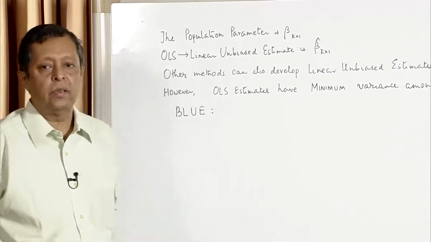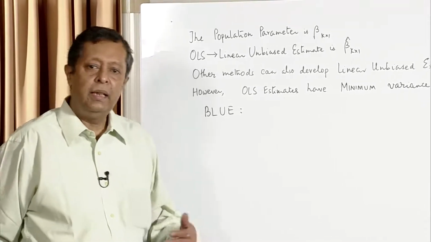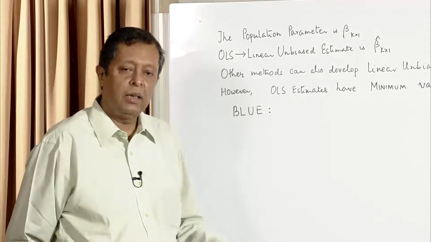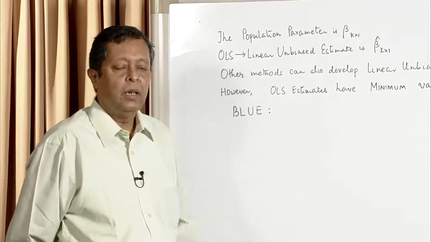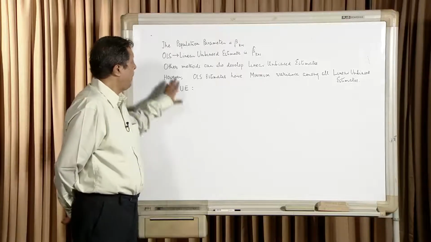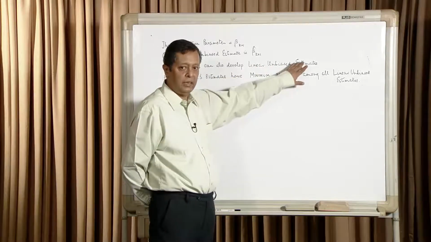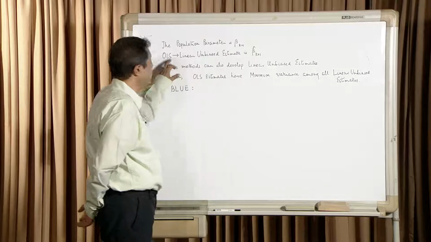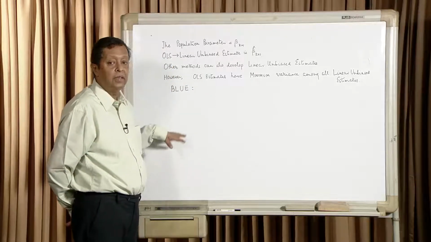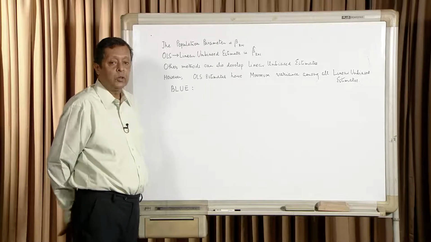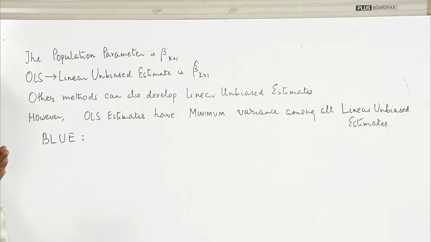There can be different ways of developing linear unbiased estimates. Some may be very crude methods, others may be sophisticated methods, but whatever it is, among the class of linear unbiased estimates, the ordinary least squares estimates have the unique property that their variance is minimum. So, that means the estimates become more and more precise.